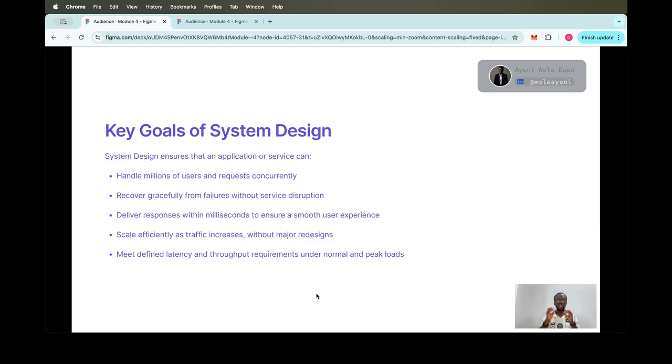Thirdly, one of the key goals of system design is to ensure that your system is able to scale efficiently and fail gracefully. What does this mean? Traffic will not be the same at every given point in time. In the payment industry, we've seen that during salary week a lot of people tend to make a lot of payments, and in midweek transactional activity reduces over time.